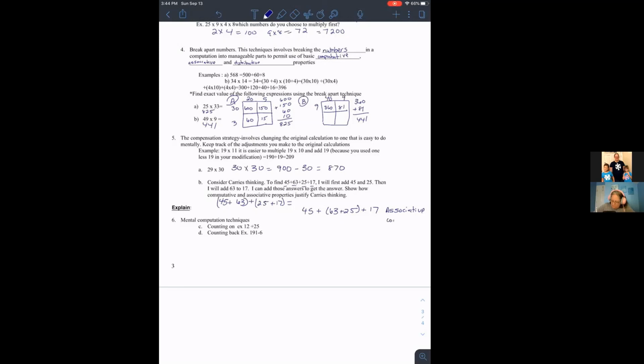Commutative, it's 45 plus 25 plus 63 plus 17.